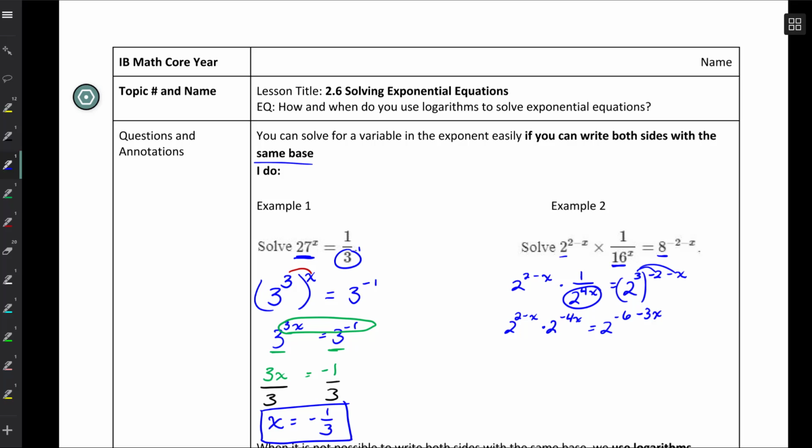That's it. Okay. Next one, this is another one of our exponent rules. When I'm multiplying two numbers with the same base, I can just add their exponents together, writing it with the same base. So that'll be 2 to the 2 minus x plus a -4x.